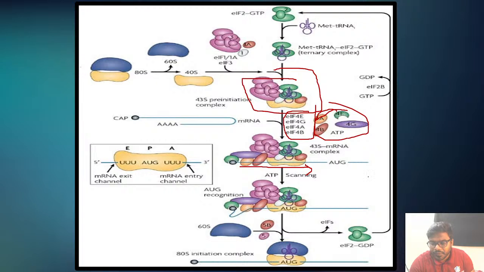Now everyone listen, with the help of EIF4F complex, the small ribosomal subunit and the tRNA start scanning the mRNA. Don't forget that, friends. They start scanning the mRNA till what extent? Everyone listen. Till the tRNA anticodon associates with the codon of the mRNA. Very, very simple point it is.